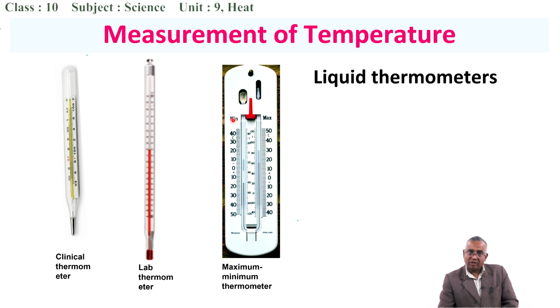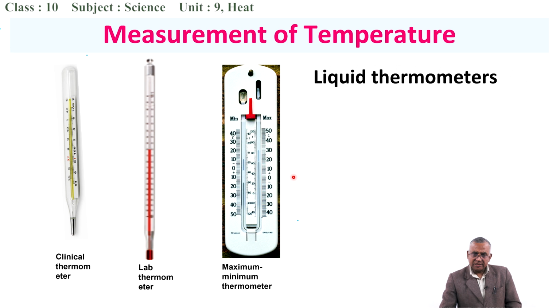But when the bulb, which is partially filled with alcohol, there is vacuum here, here is alcohol, is cooled, then what happens? The alcohol contracts and it pulls the mercury towards it. So here this indicator moves up. So in 24 hours, one indicator shows the maximum temperature, another shows the minimum temperature. That is the maximum minimum temperature.